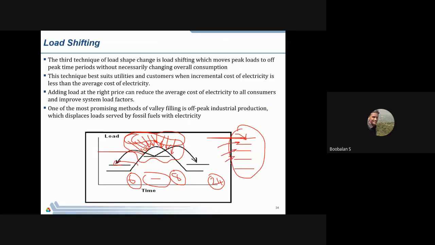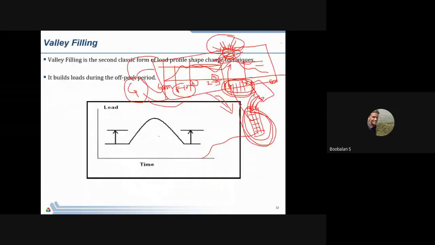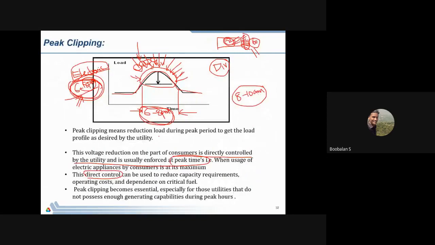By doing this, you can shift the load away from my peak demand. We shift those customers so they consume the same energy in a different time period. Then definitely it will help to reduce peak demand. So totally we have three traditional methods to reduce our peak demand in our thermal station. One is peak clipping, right?